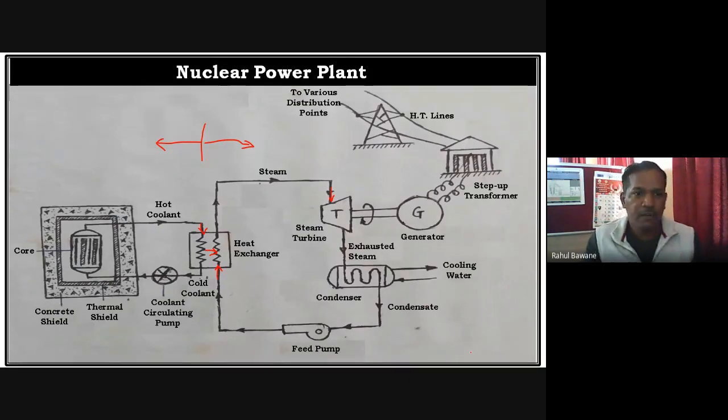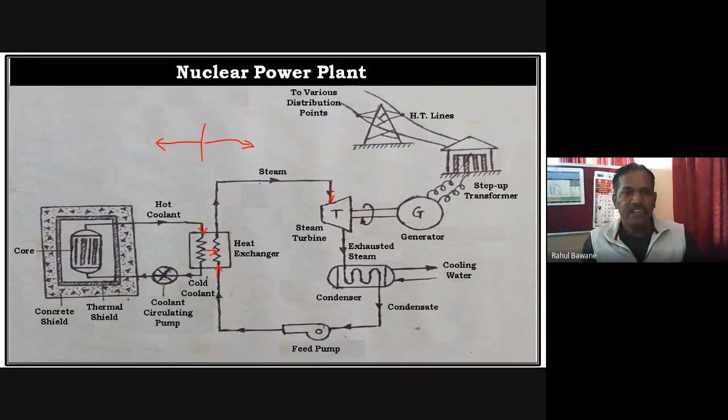In a nuclear power plant, there is a core where we have nuclear fuel, and due to the fission reaction, heat is generated in the core. It is surrounded by a thermal shield to restrict thermal radiation, and the thermal shield is surrounded by a concrete shield to restrict the spreading of radioactivity.